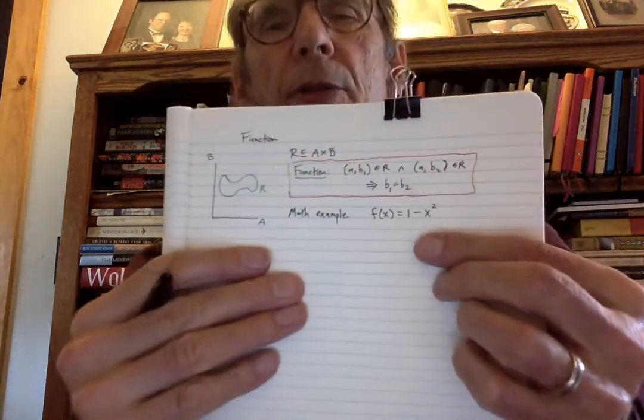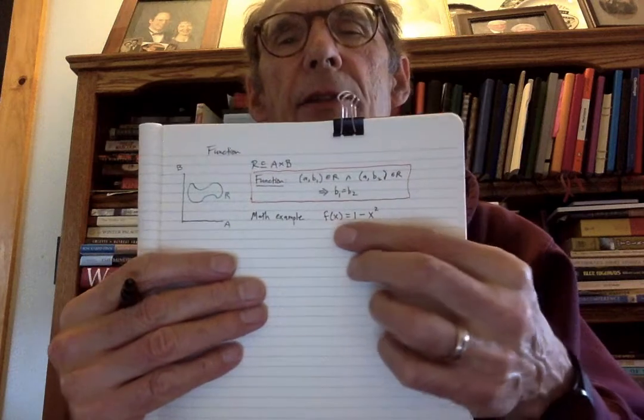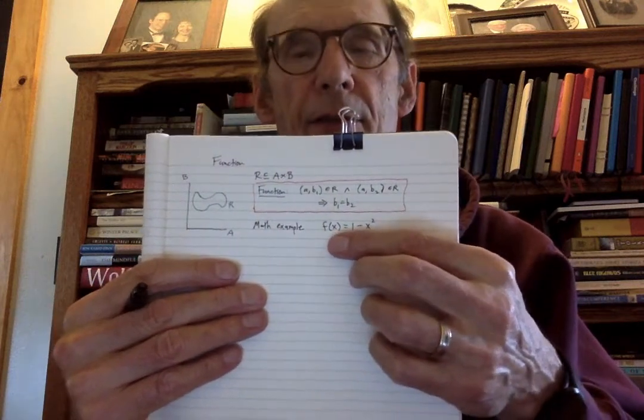So let me give some examples of functions, and there's a math example, and this one's interesting. We'll come back to this one later as well. Let's look at f(x) = 1 minus x squared. So this is the kind of function that you might have come into in a math class, and so x is the variable.